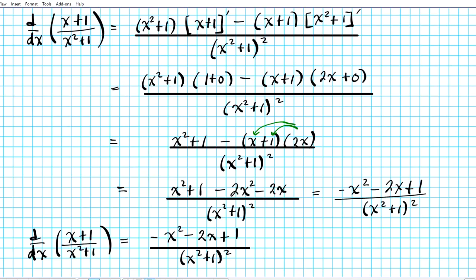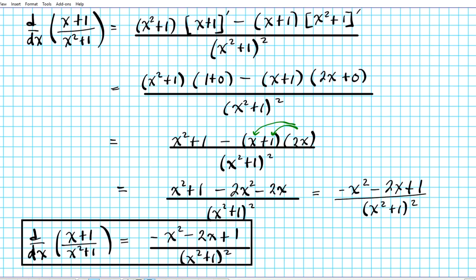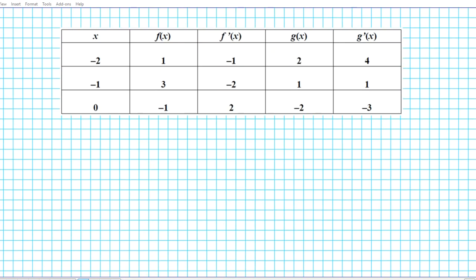Alright, so that's the final answer. Alright, let's take a look at the last question. So this will involve numerical computation of the derivative at a specific point. So let's say we have this table right here, and let's consider the following question.